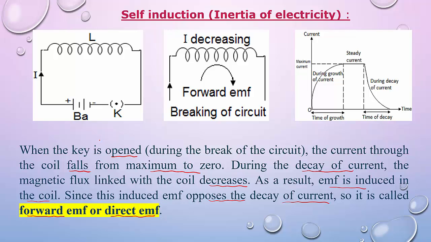So when magnetic flux linked with the coil decreases, induced EMF takes place, and that induced EMF is in the forward direction. Means this induced EMF opposes decay of the current. Right? Or you can take it as a forward EMF, or we can take it as direct EMF.